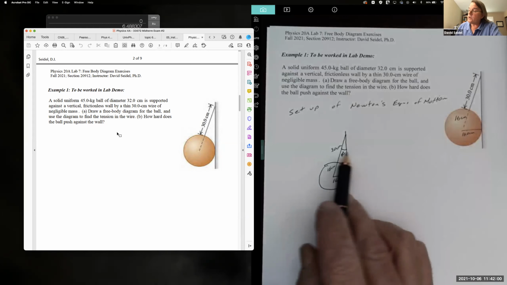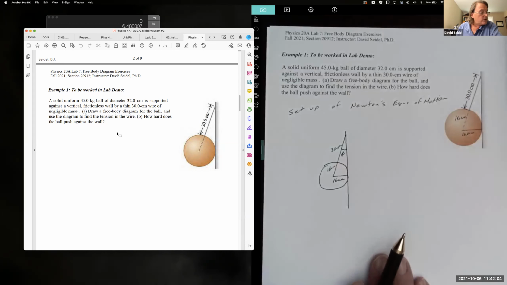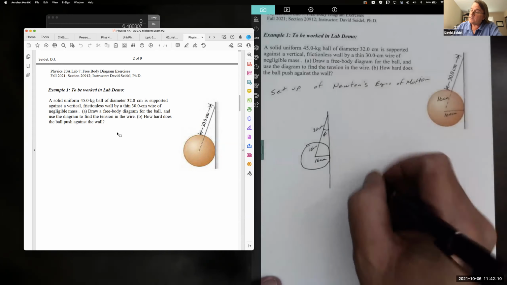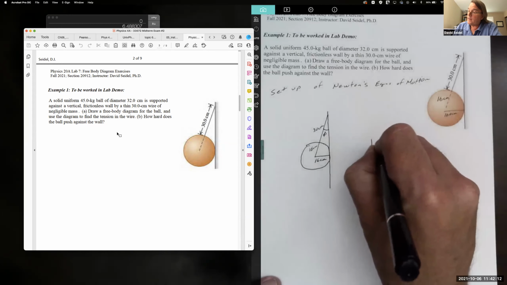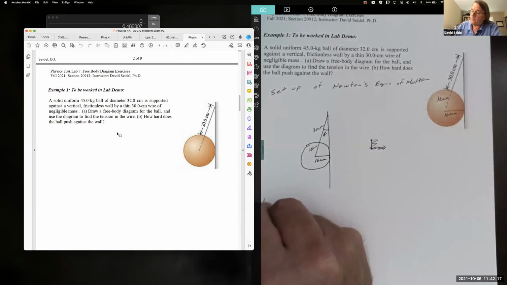Okay, now I redrew it here so I have an angle. This has some angle. I'm not quite sure what that angle is. But what do I know if I want to draw the free body diagram? First off, let me do my free body over here.